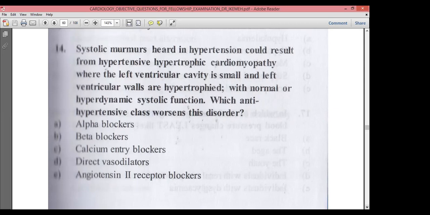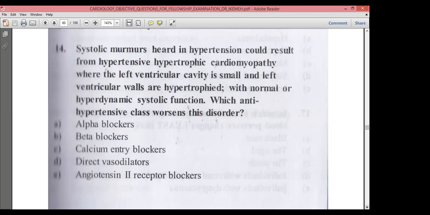So here, in the options, we have other vasodilators, and then one of the options is the direct vasodilators. Okay, so if we go through option A, the alpha blockers, generally these are not even used in hypertrophic cardiomyopathy.